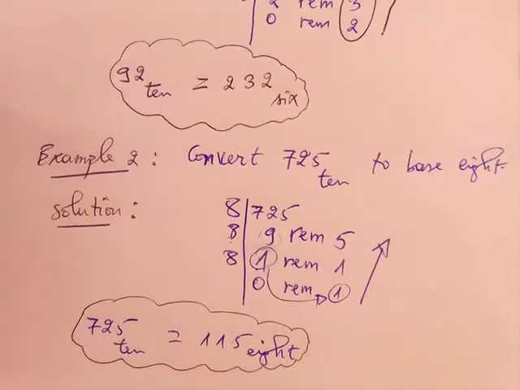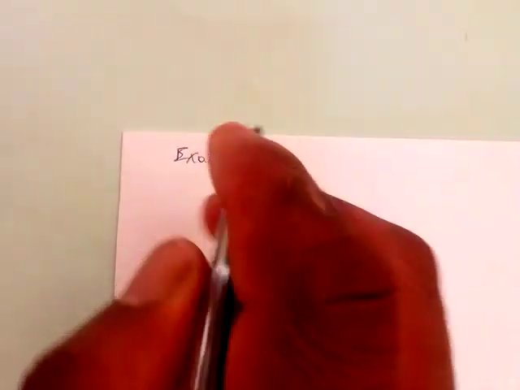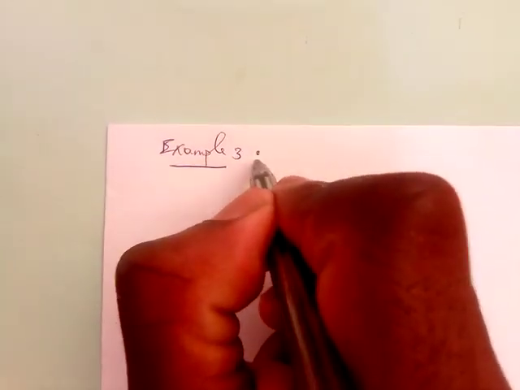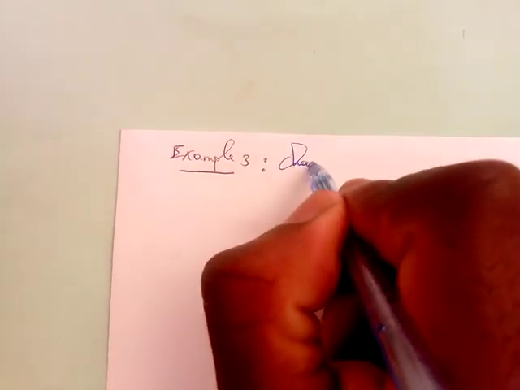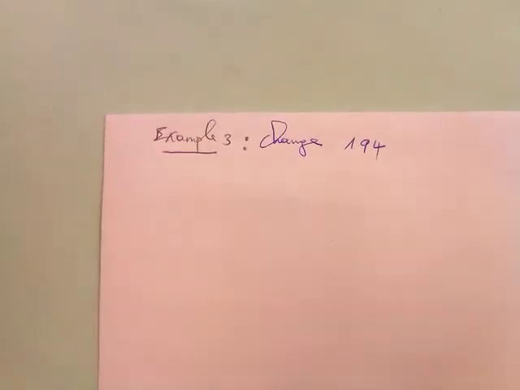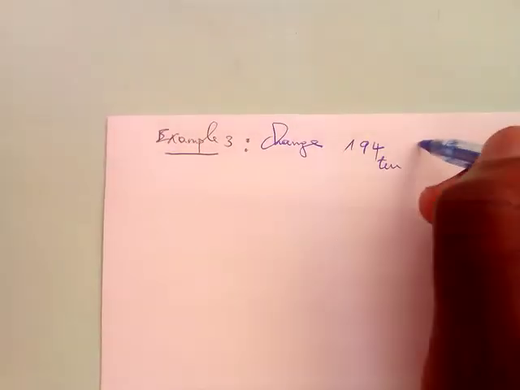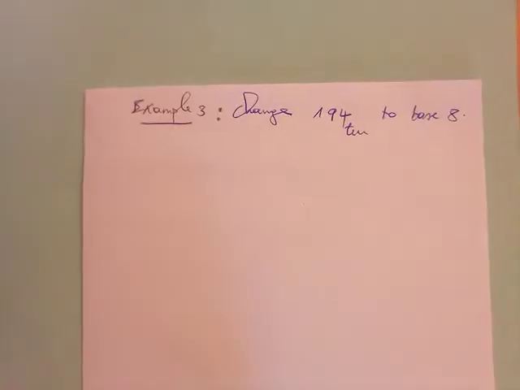So in order to understand very well, let's have a third example. Example 3 is to change 194 in base 10 to base 8.